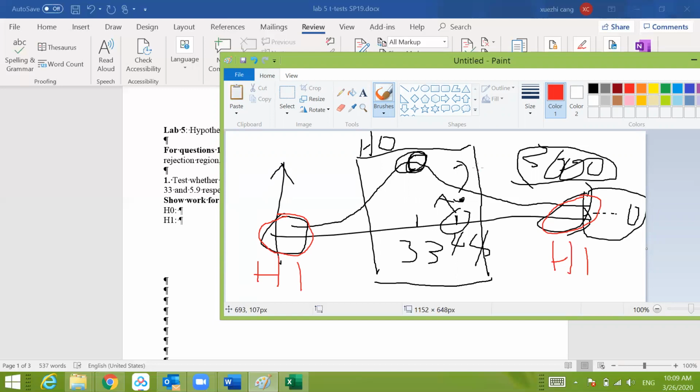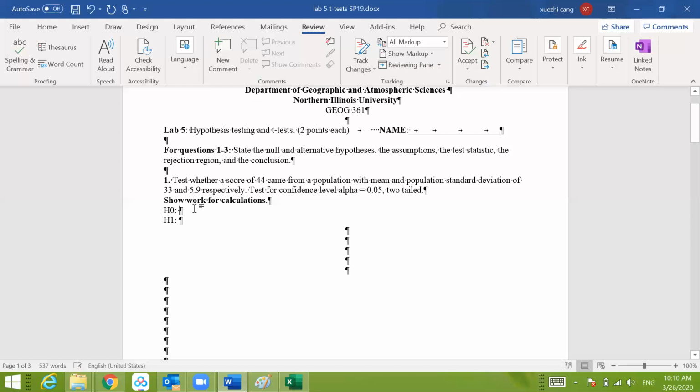So for this question, the middle part means if a number is located in the middle part, it means this number is from this distribution. So this is our null hypothesis.